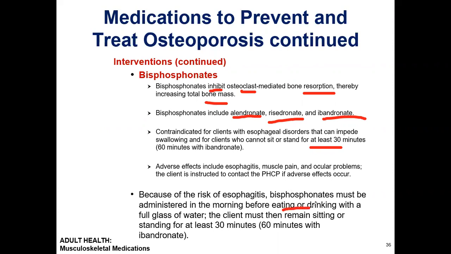This is a question the NCLEX board asks. It is important for our NCLEX board. The client must then remain sitting or standing for at least 30 minutes: 60 minutes for ibandronate, 30 minutes for alendronate and risedronate.